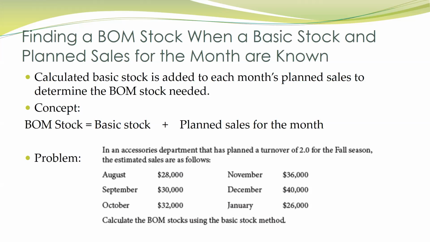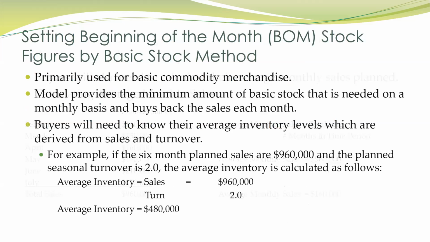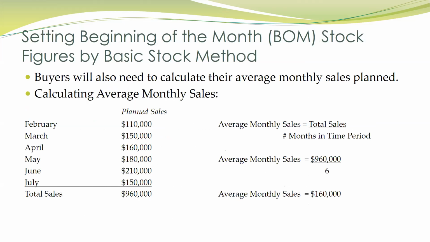Okay. So I'm going over it again. You first calculate your average stock, which is your total sales divided by turnover. Then average monthly sales: in case of a season, you divide by 6; in case of a year, you divide by 12.